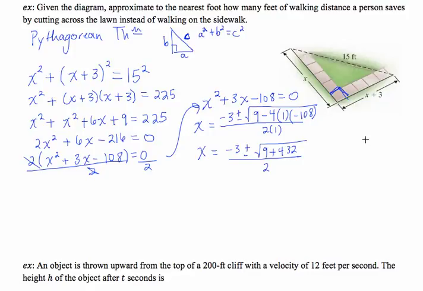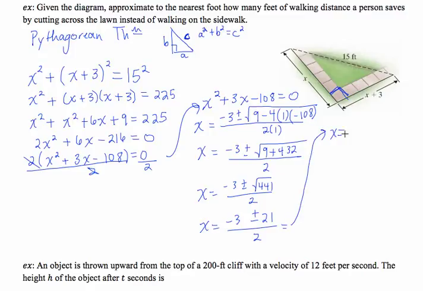And if you just try to take the square root of 441, it does in fact work. 441 is a perfect square because we get plus or minus 21 over 2, which means one of our answers is negative 3 plus 21 over 2. That would be 21 minus 3 is 18. 18 over 2 is 9.